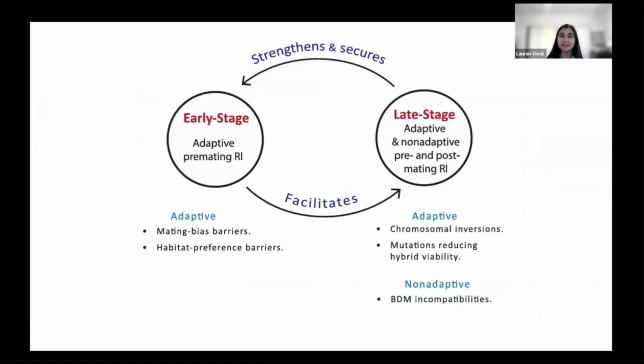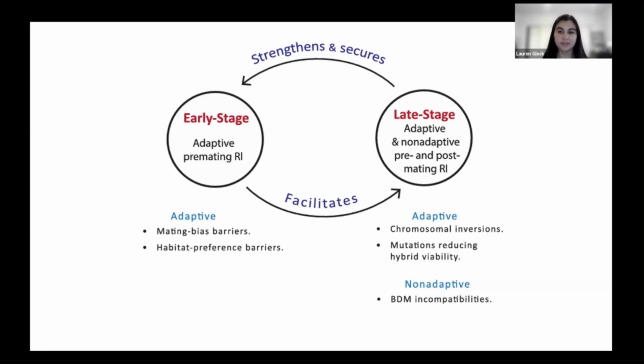So finally, I did mention briefly at the beginning this positive feedback loop. Now that we've dived into the differences between these barrier mechanisms, we looked at how they all interacted with each other. What we found was that the early stage mechanisms establish initial premating reproductive isolation barriers, and those barriers chokehold and reduce gene flow, which facilitates late stage barriers that are dependent on that reduced gene flow.